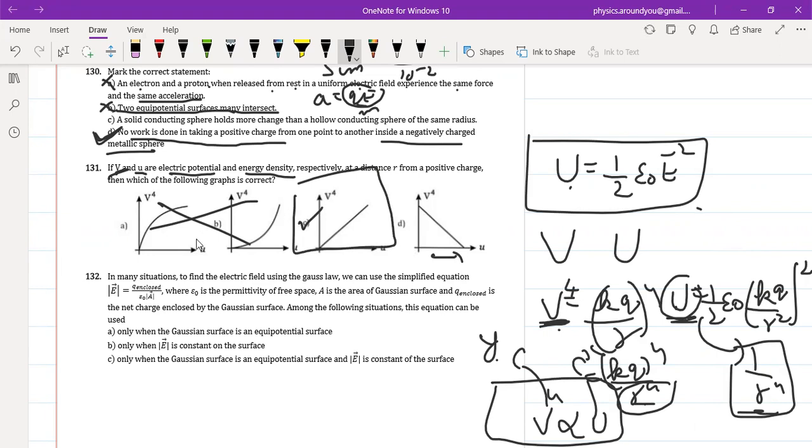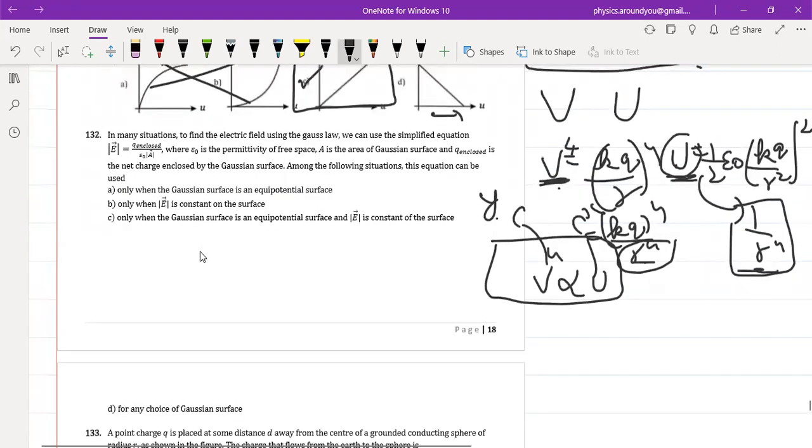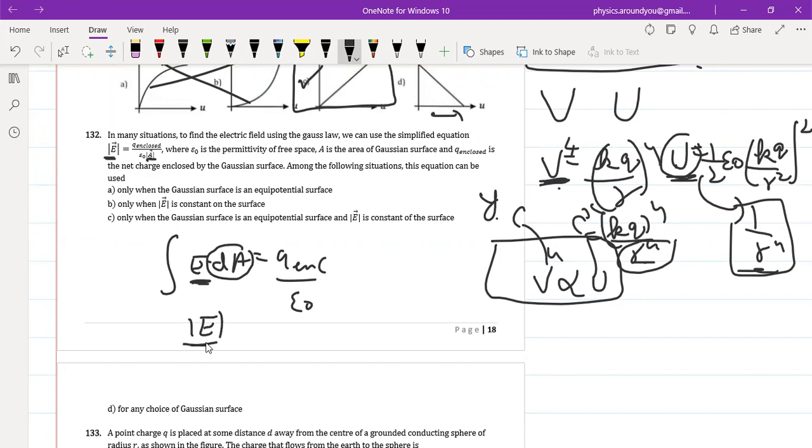Now, question number 132. We can use Gauss law, closed integral of E dot dA equals q enclosed by epsilon naught, only when the magnitude of electric field is constant. I can pull out the electric field outside the integral only if it is constant.